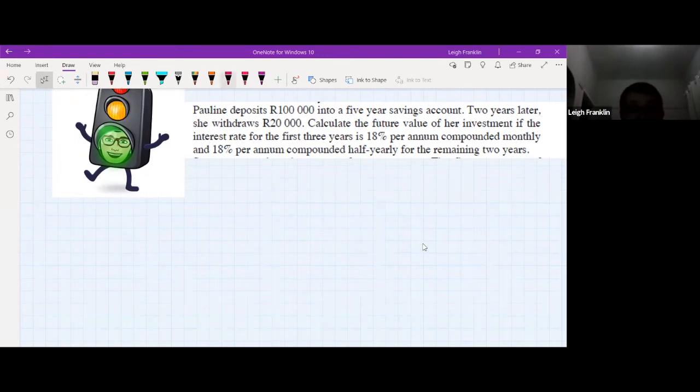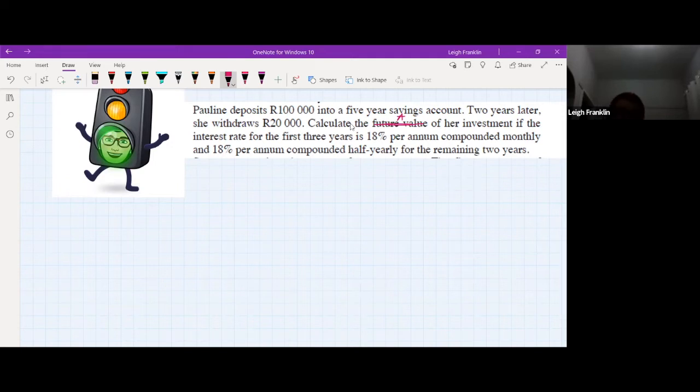They mean A. We're not using the future value formula just yet because there are no installments. The interest rate for the first 3 years is 18% per annum compounded monthly, and then it changes to 18% per annum compounded half yearly for the remaining 2 years. Let's see if we can do that one quick, and then we can move on.